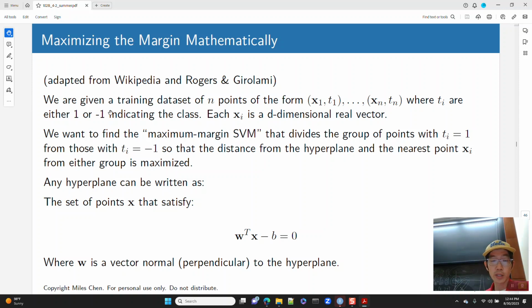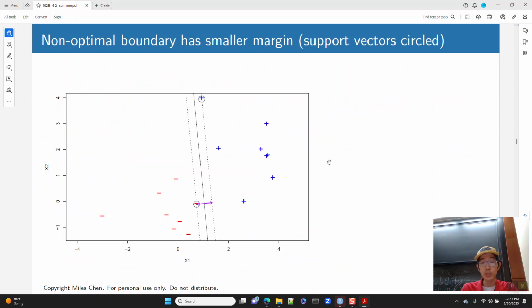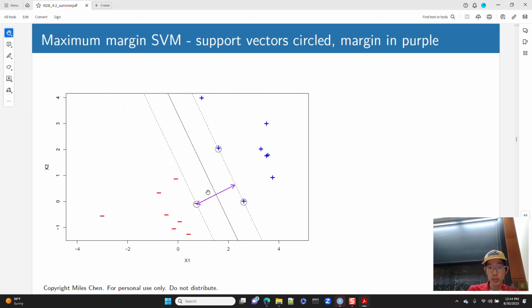And we want the maximum margin SVM that divides the group of points so that all the pluses, T equal to +1, are on one side, and T equal to -1 is on the other side. And we want the distance from the hyperplane to the nearest point to be maximized. We want the distance from this boundary to this point maximized, and from this boundary to this point also maximized.